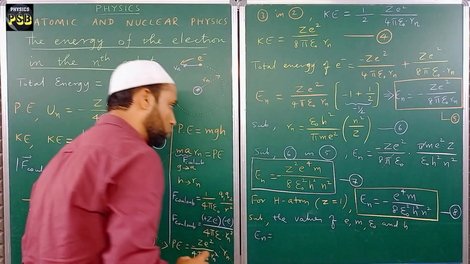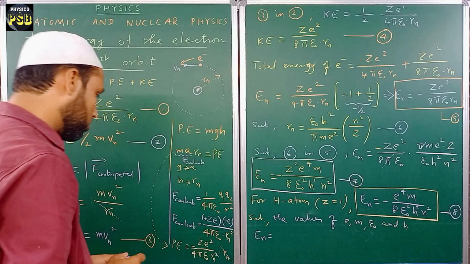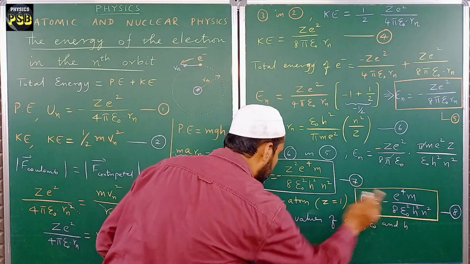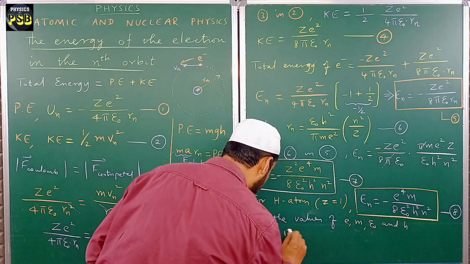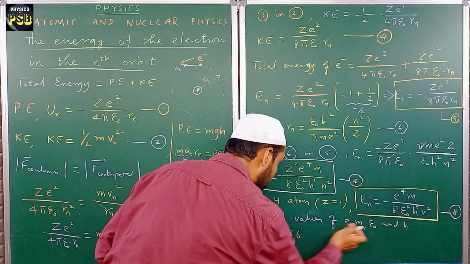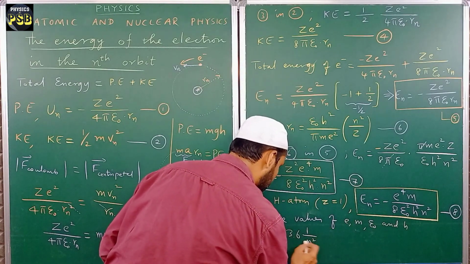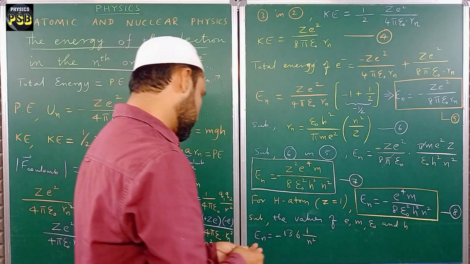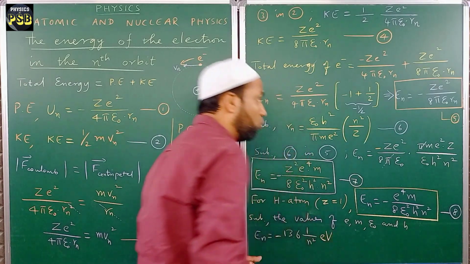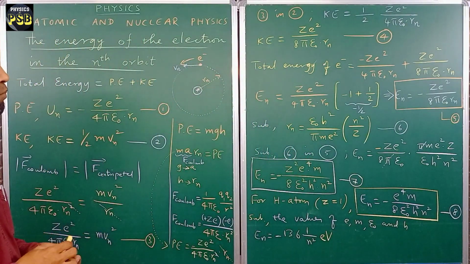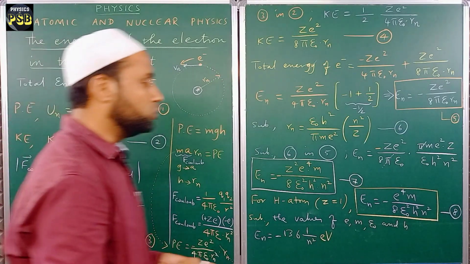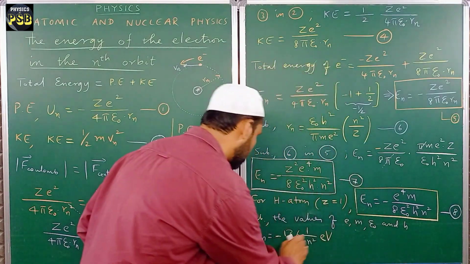En equals minus 13.6 divided by n square. This energy is measured in electron volt. Here 1 electron volt is equal to 1.6 into 10 power minus 19 joule. Okay, so this is the energy.